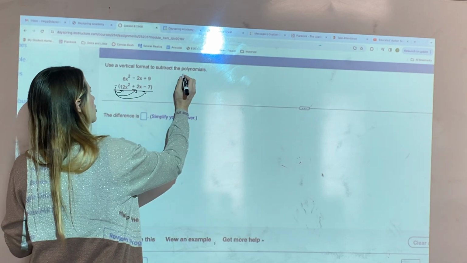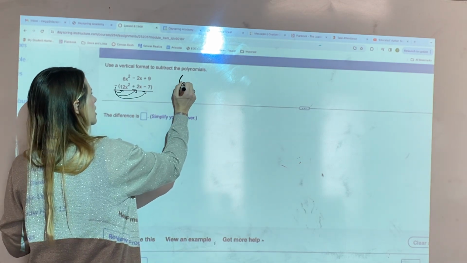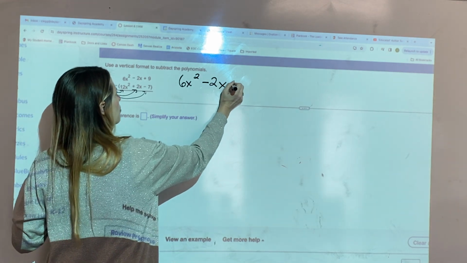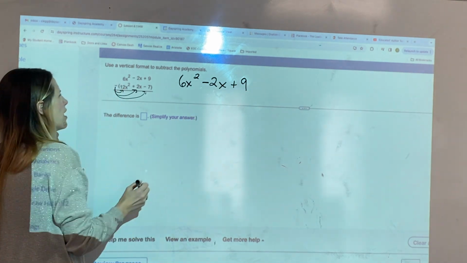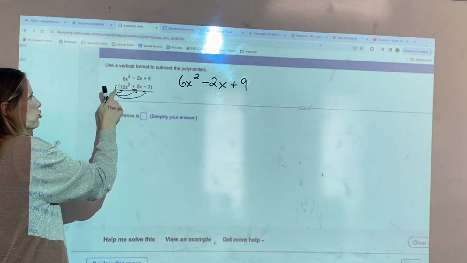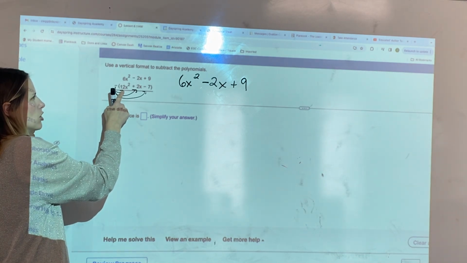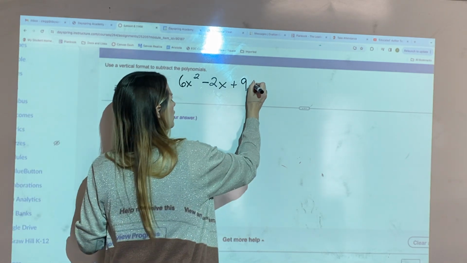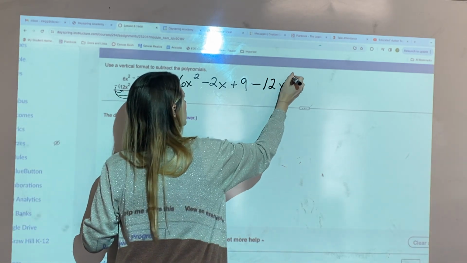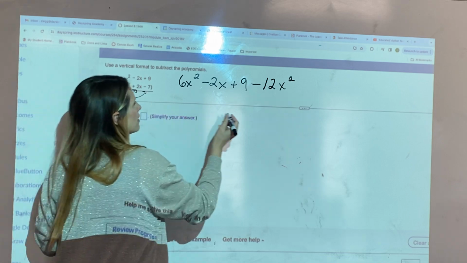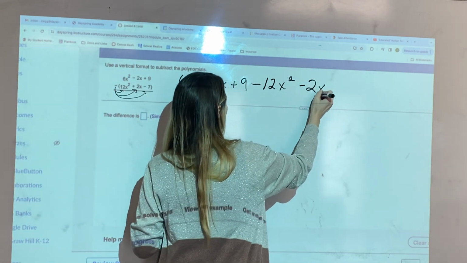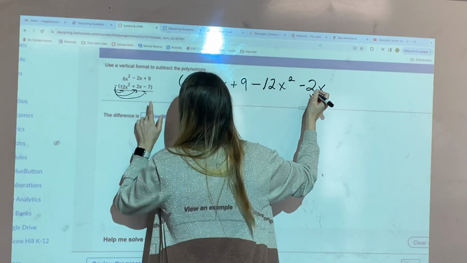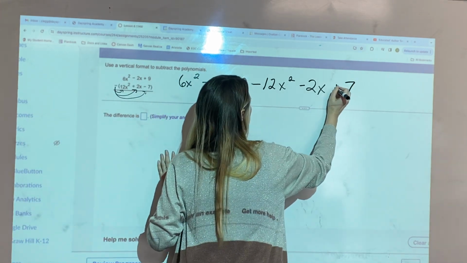So I'm going to write my first polynomial, 6x squared minus 2x plus 9. Then I'm distributing my negative so that I have a negative 12x squared, negative 2x, and a positive 7.